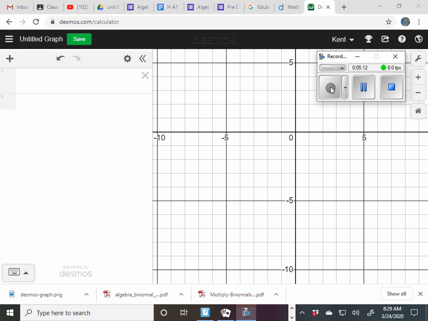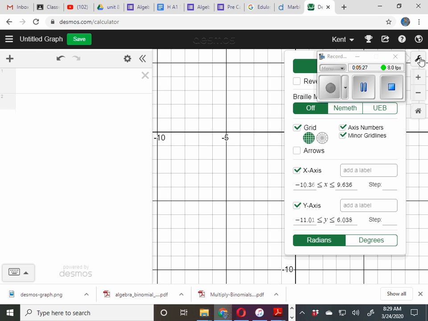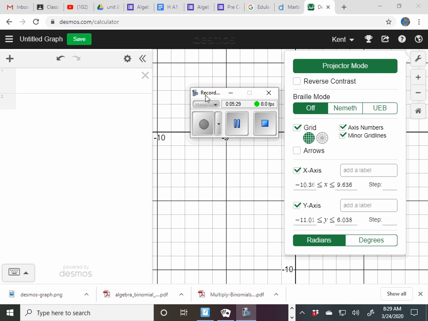Okay, so you're going to a calculator. I'm going to use Desmos just because it makes it easy to display. Now, one of the things you got to remember is you got to make sure that your calculator is in degree mode. If you're going to use Desmos, you go up here and you look for radians and degrees. I was in radians. That would have given me a wrong answer.